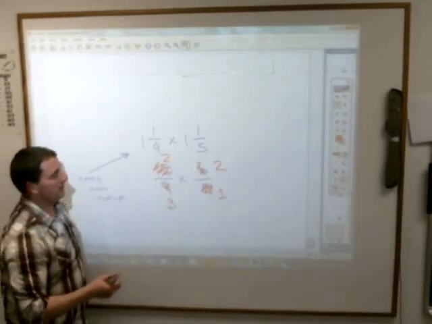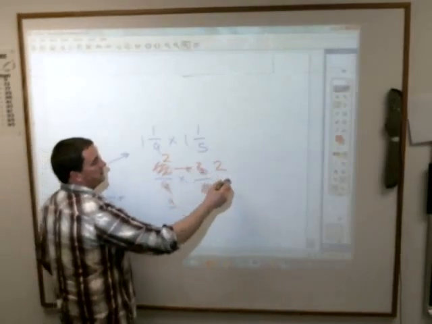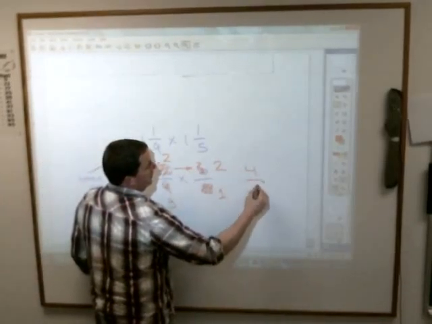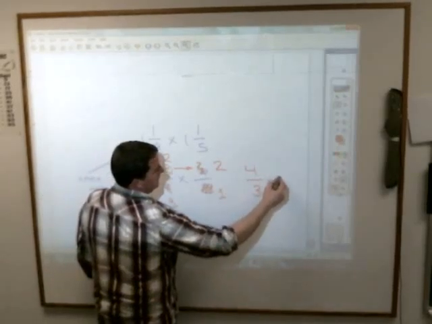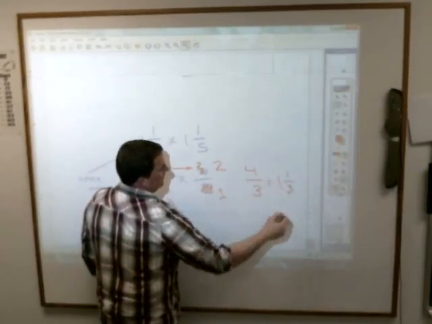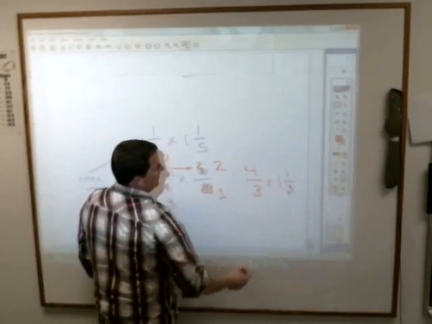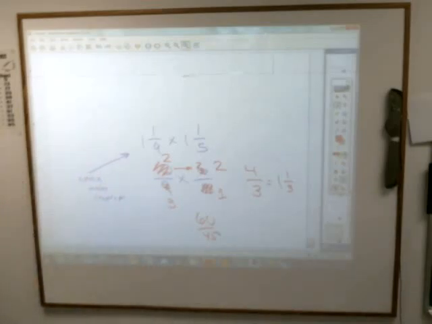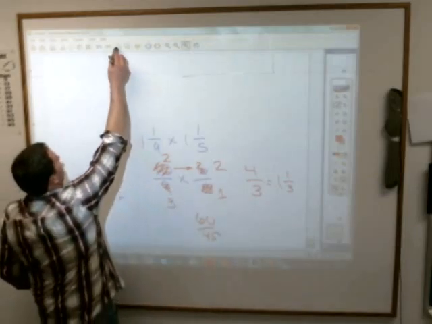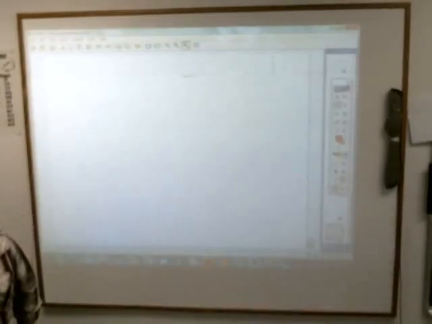Nothing else here has common factors, so you multiply across, you end up with 4 over 3, and simplify that to make it 1 1/3. That's a whole lot easier than taking 60 over 45 and then working with that, in my opinion. It saves you a lot of steps and a lot of time, and it's a lot easier multiplication. Same thing works with a division problem.